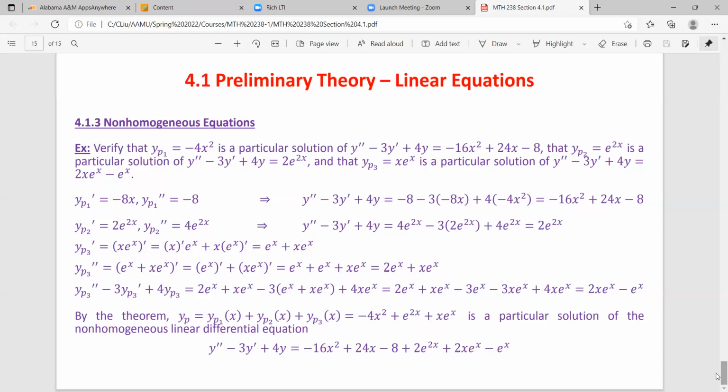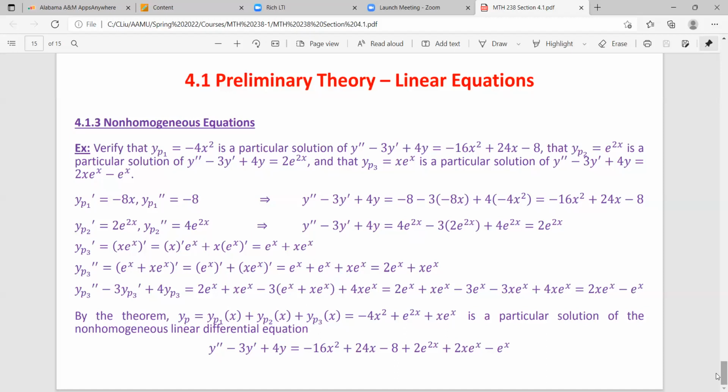And if you take the derivative again one more time, then you're going to get another 2 when you take the derivative of e to 2x. So 2 times 2 will be 4. So that will be 4 times e to 2x, all right? So plug those into the second equation on the left-hand side.